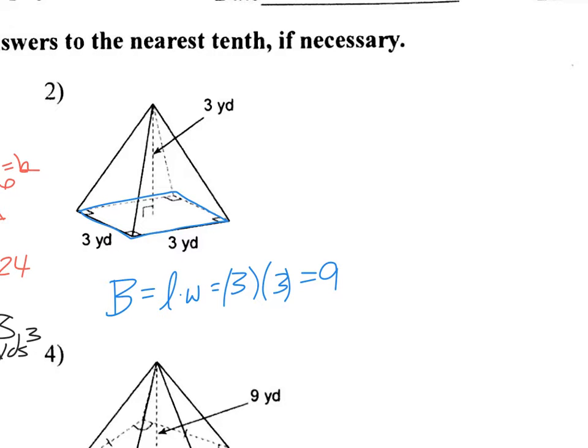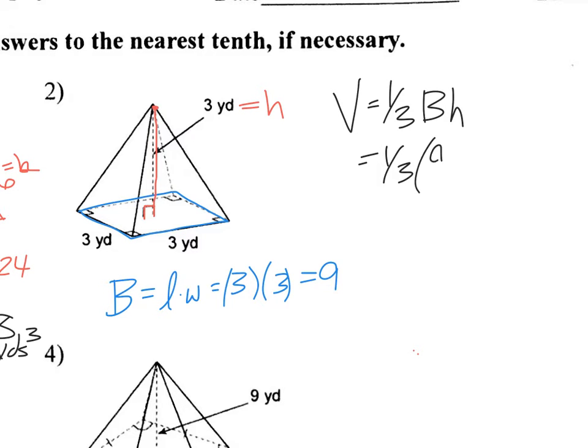Okay, this 3 right here is my H from the vertex down and makes that right angle. So volume is 1/3 big B times H. So 1/3 big B is 9, H is 3. If I do that, then I get 9 again, yards cubed.